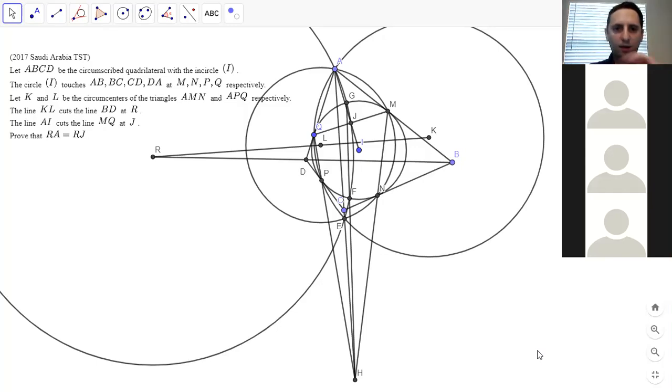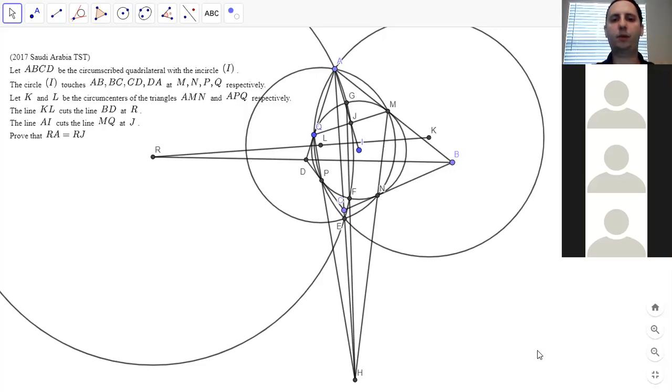Let's see. Okay, so we want to show the circle of AJE is orthogonal to the incircle.